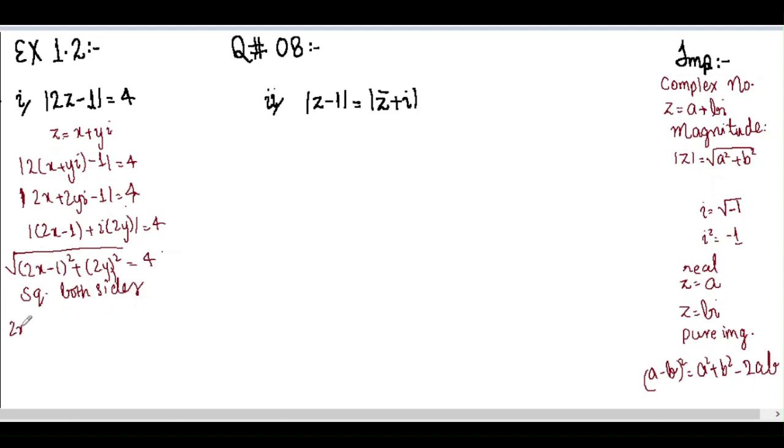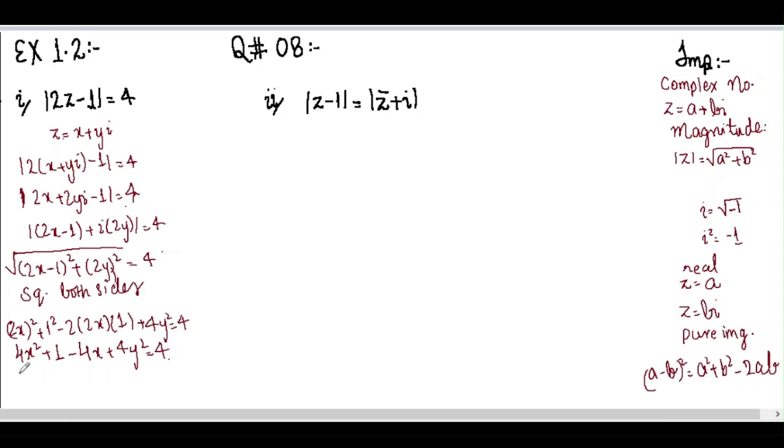So 2x whole square plus 1 square minus 2 into 2x into 1 plus 2y square gives us 4y square equals 4. Now 2x square is 4x square plus 1 minus 4x plus 4y square equals 4.